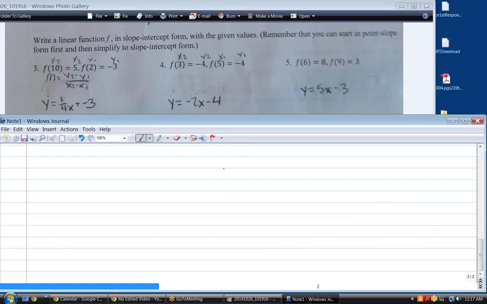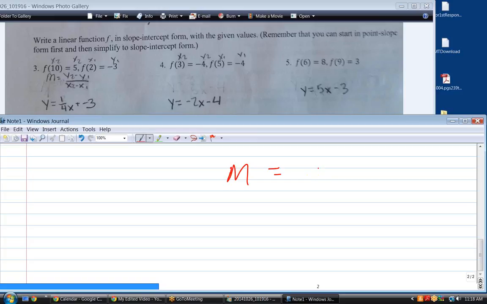Okay, so we're going to use slope-intercept. So what's the slope? M. So y of 2 minus y of 1 over x of 2 minus x of 1. What is y of 2 minus y of 1?